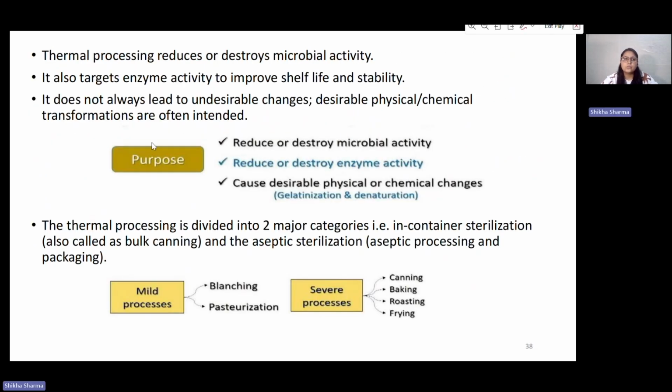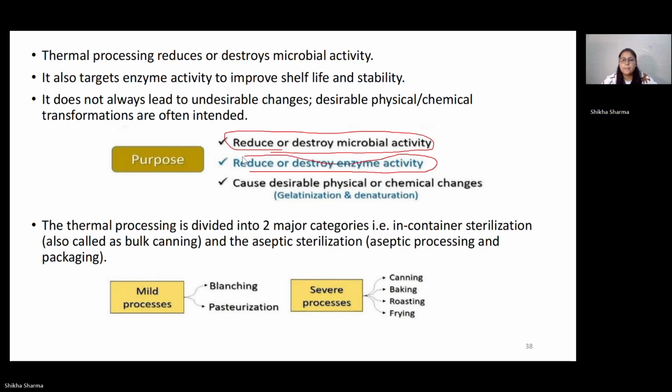So thermal processing reduces or destroys microbial activity, and it also targets enzyme activity to improve shelf life and stability. And it does not always lead to undesirable changes.